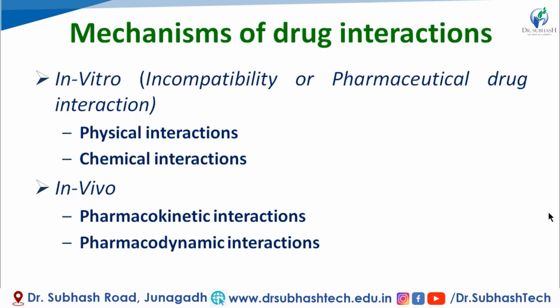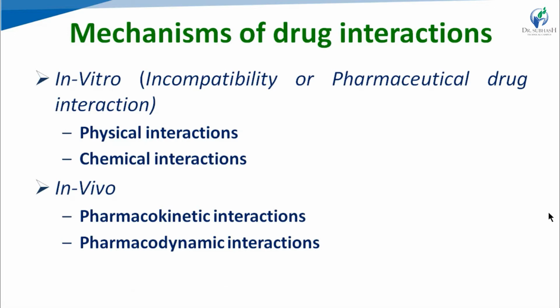If we consider the mechanism of drug interaction, then there are two, in vitro and in vivo. In vitro we discussed the physical interaction and chemical interaction. In this lecture we will discuss the pharmacokinetic interaction and pharmacodynamic interaction.